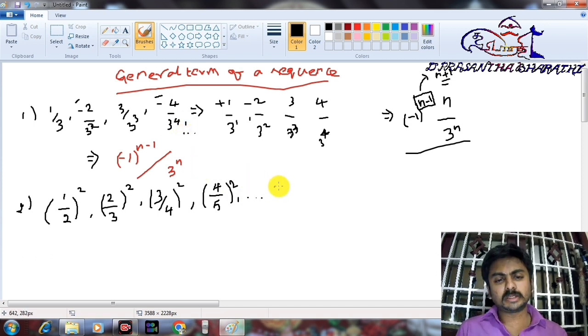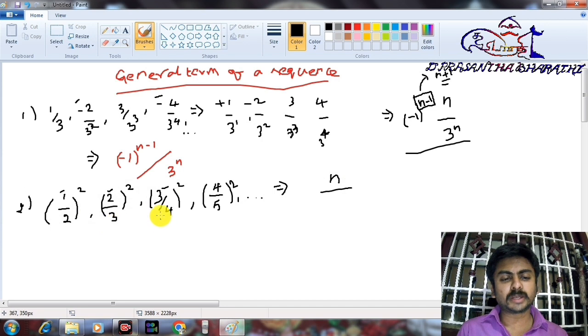So the general term of this sequence is, see, in the numerator we are having 1 as the first term, 2 as the second term, 3 as the third term. So definitely we will have n as the nth term. And in the denominator we are having 2 for the first term, 3 for the second, 4 for the third and 5 for the fourth.